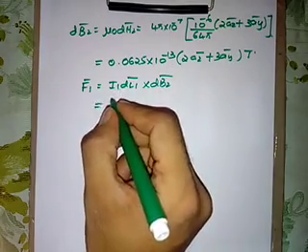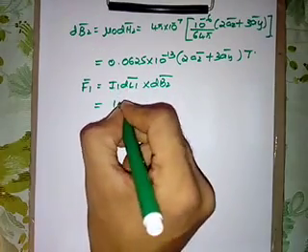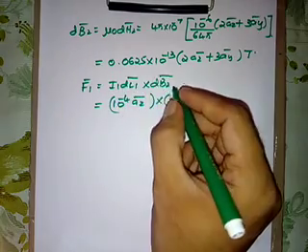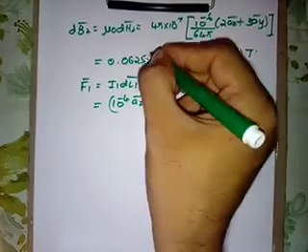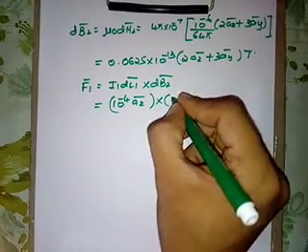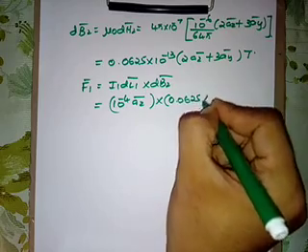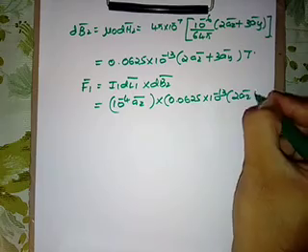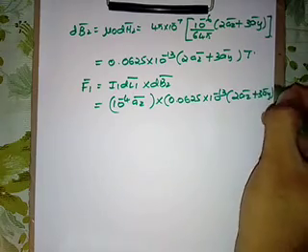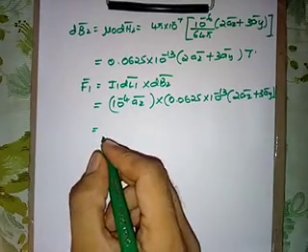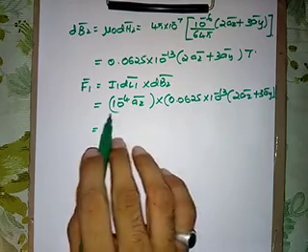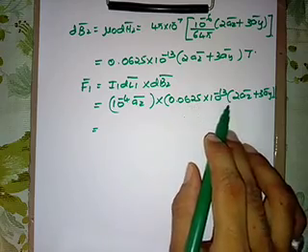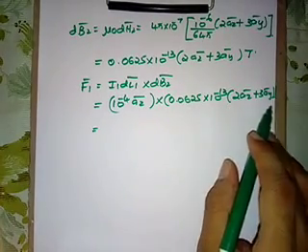I1 dl1 bar is 10 raised to minus 4 az bar, into dB2 bar, which we obtained just now, 0.0625 into 10 raised to minus 13 into 2 az bar plus 3 ay bar.